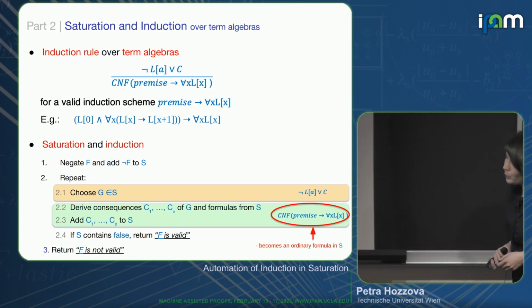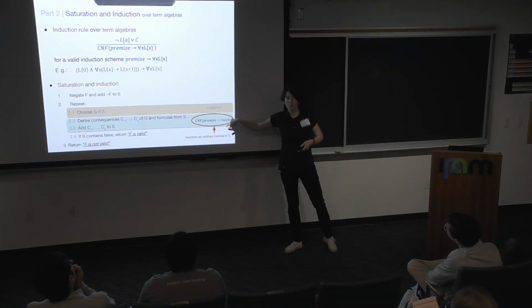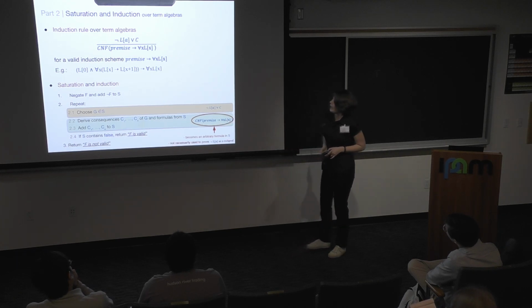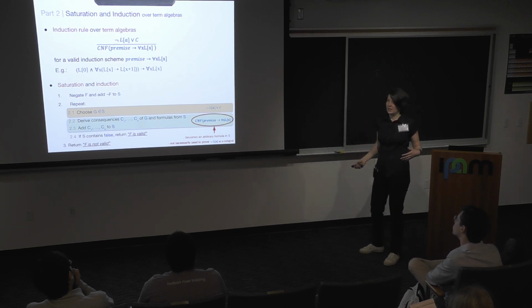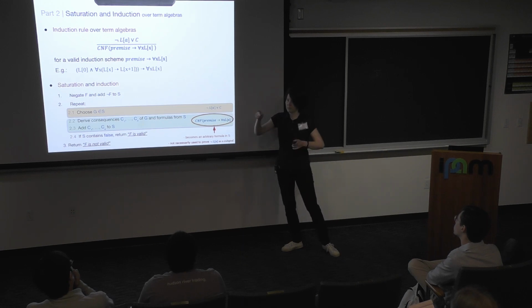Now, the issue with this is that these clauses that we obtain by clausifying the induction scheme become just another ordinary clauses in the saturation set. And hence, we don't have any guarantee that they will be used to prove this LA as a subgoal in any near term.